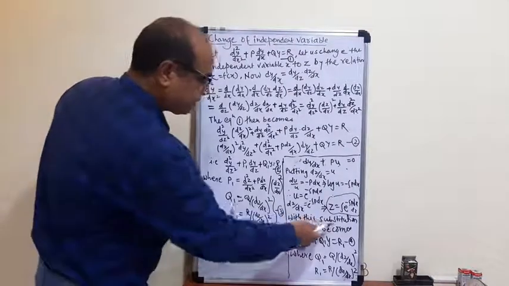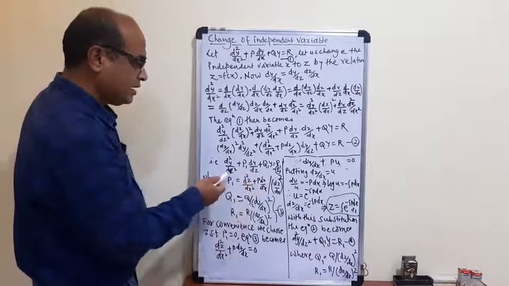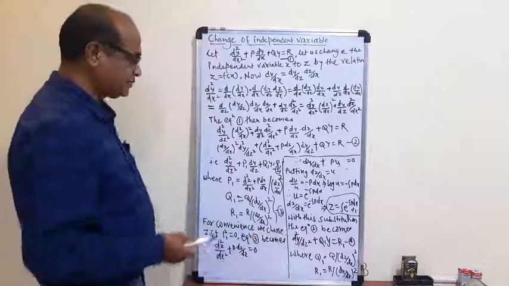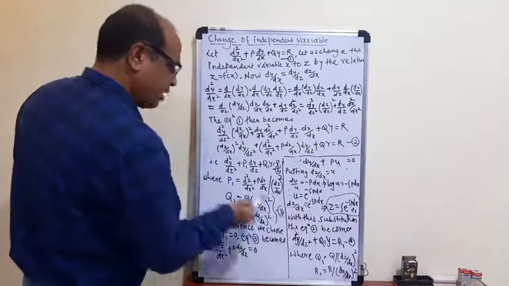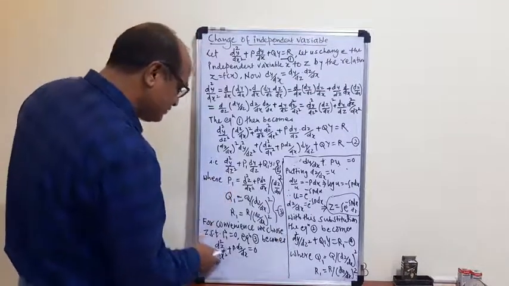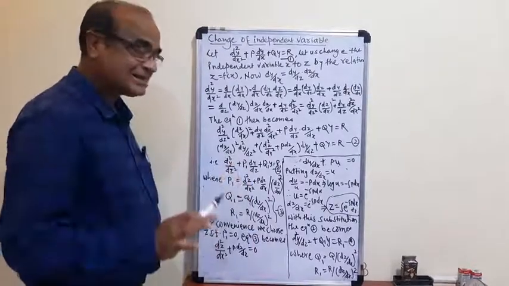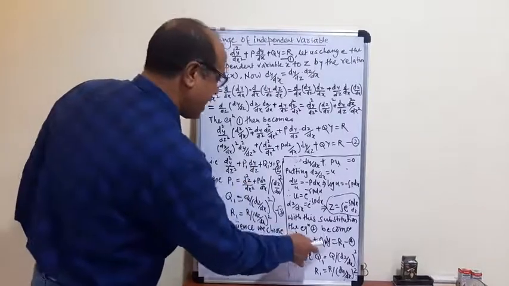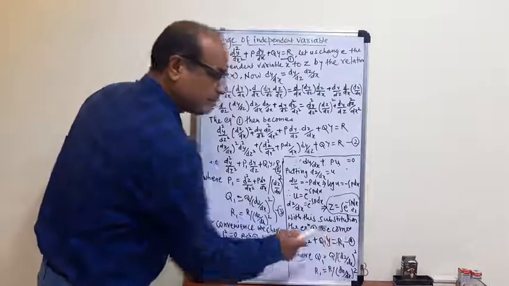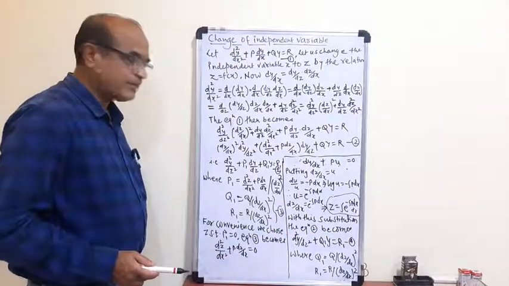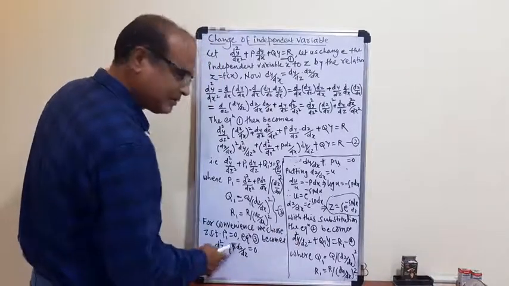With this substitution, equation 2 becomes d2y by dz square, with P1 equal to 0, so this term gets cancelled, plus Q1 y is equal to R1. So this is equation number 4, where P1 is 0.